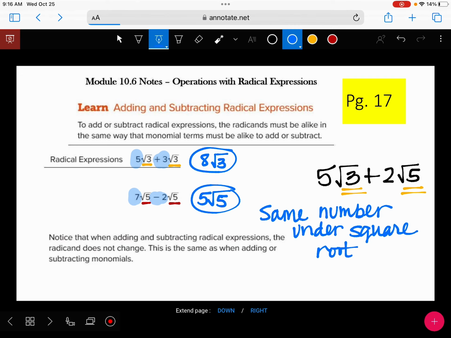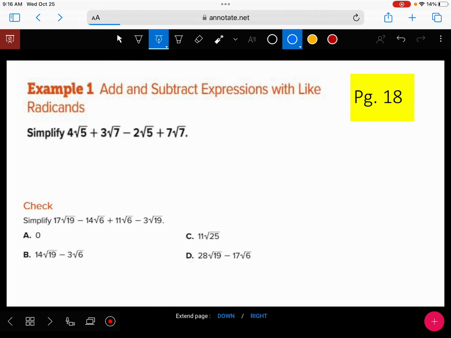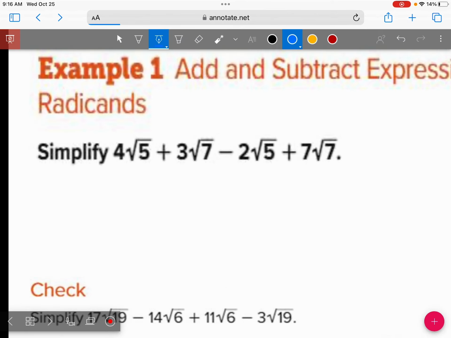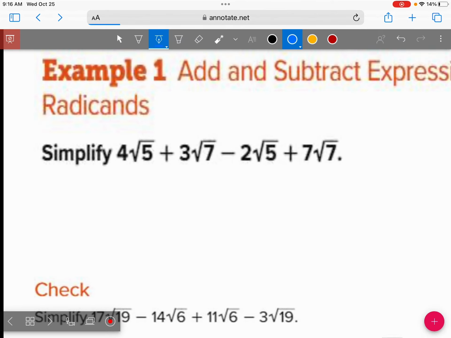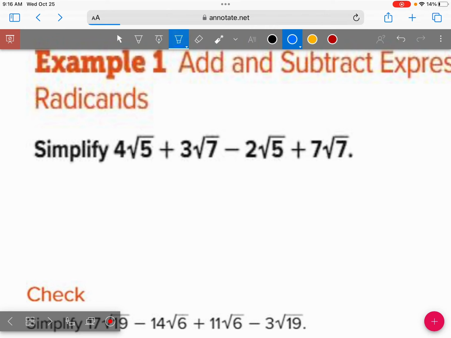Okay. All right, so let's go ahead and look at example 1 on page 18. So all the numbers that are the same, we're going to add together. So I want you to put a circle around your terms that are like terms. So these two would be like terms, so we can add these two together.